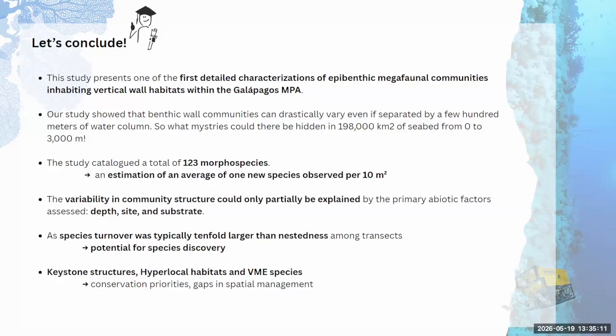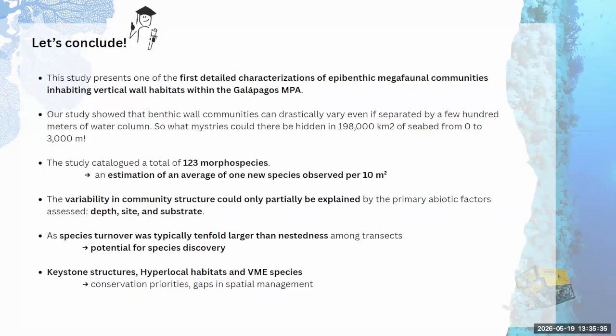So future studies are needed here, especially using these fine scale habitat terrain characteristics. And most importantly, species turnover was the dominant factor, in fact, tenfold larger than the nestedness. And we also observed keystone structures, hyperlocal habitats, and vulnerable marine indicator species.